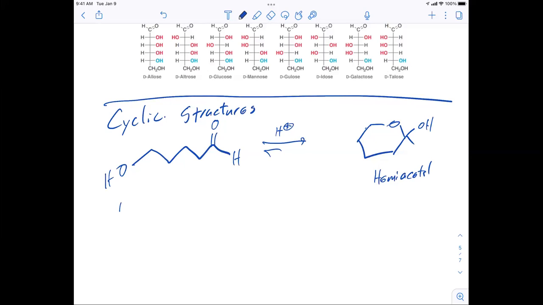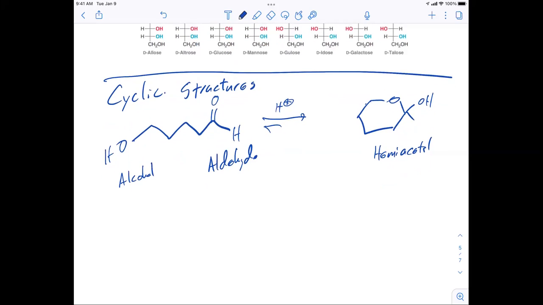And we looked at this when we were going through hemiacetals, ketals, acetals.